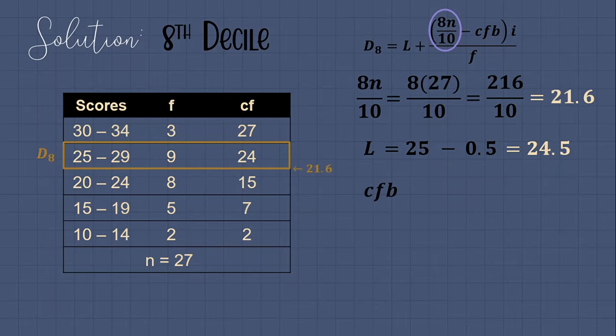Next one, we have our CFB, or the cumulative frequency from below, the one below our decile 8 class, that is equal to 15. Now our I is still the same since we have the same group of data. I is equal to 5, or the interval. And F, or the frequency of our decile 8 class, is equal to 9.